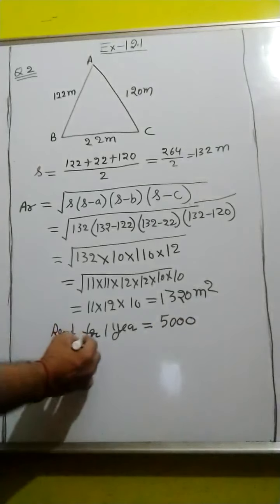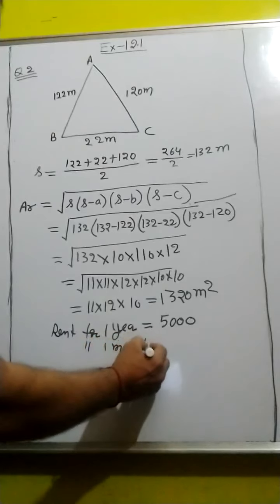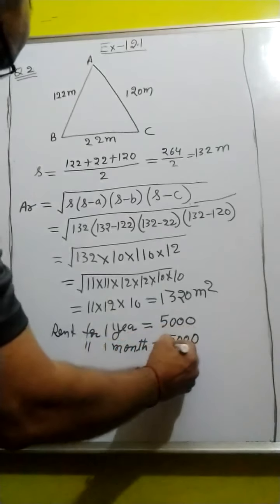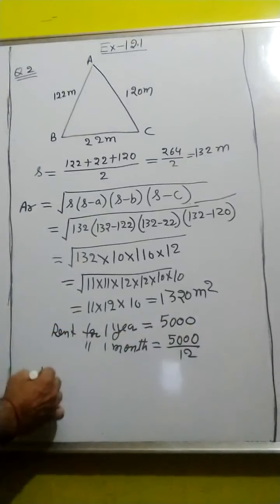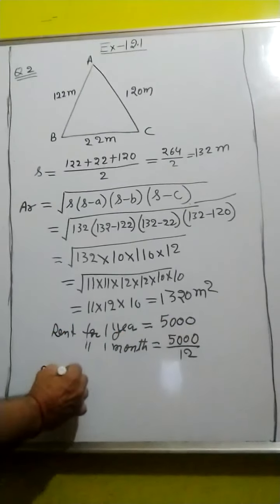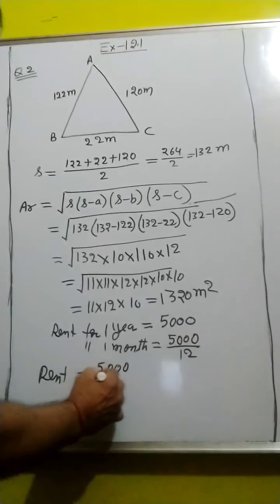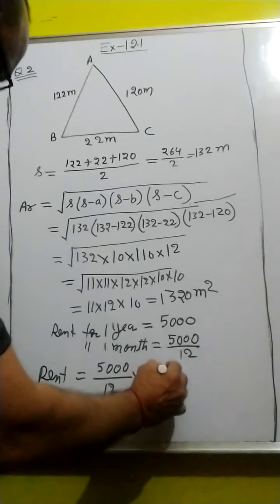So rent for 1 month will be 5,000 upon 12. So the rent for the given area will be 5000 upon 12 into 1320.